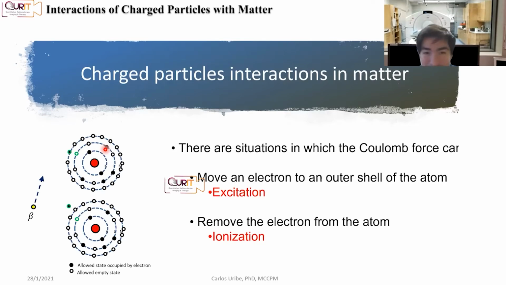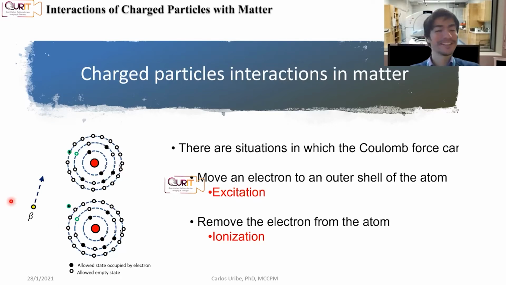And then there are situations in which that Coulomb force is strong enough to cause two things. Either it can move an electron to the outer shell of the atom, as we see here, or it can remove an electron from the atom, as we see here. In the first case, we call that an excitation.